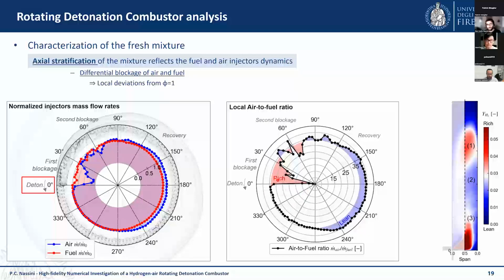So if we calculate the air to fuel ratio deriving from these two different mass flow rates, we can see that in the first 90 degrees behind the wave, we have mostly a rich mixture which is entering the chamber, which is then convected upstream and settling at the top of the refill region. Then in the other 100 degrees we have a mostly lean mixture, which is the mixture present in the middle of the refill height.